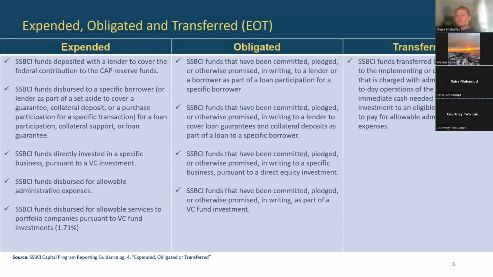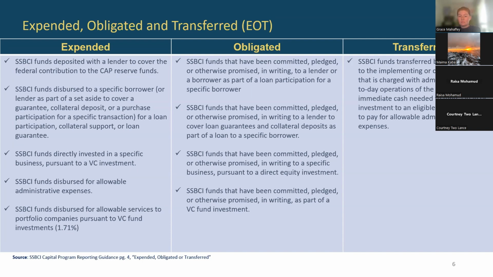For VC equity transactions, SSBCI funds must be directly invested in a specific business. For example, in a loan guarantee transaction, the amount set aside to cover the guarantee, typically held in a reserve account, can be reported as expended when the loan closes. Similarly, in a collateral support transaction, the set-aside amount, typically held in a depository bank or trustee bank, can be reported as expended when the loan closes.